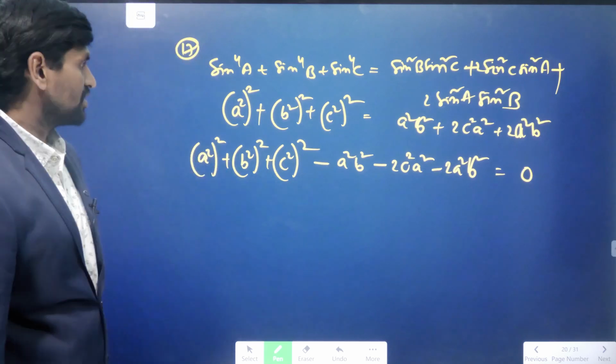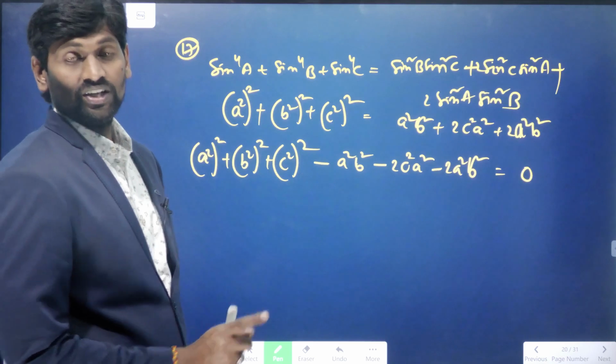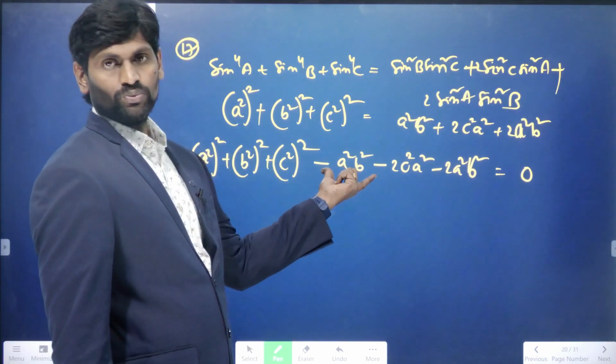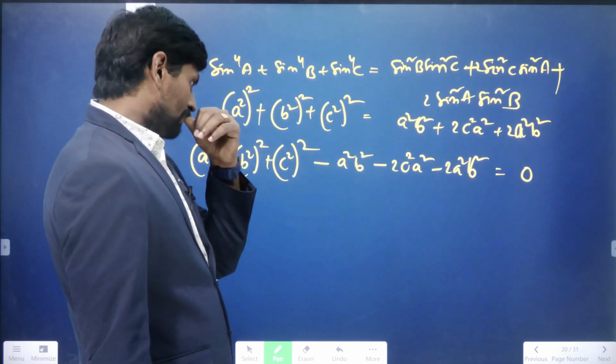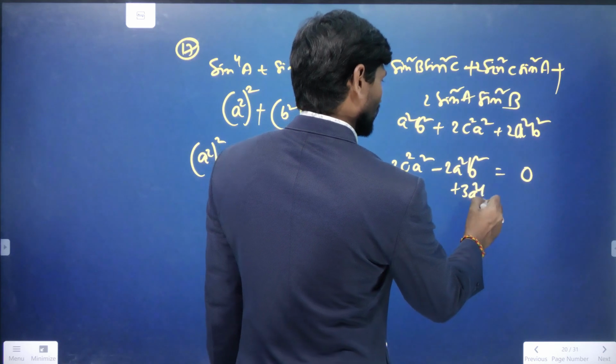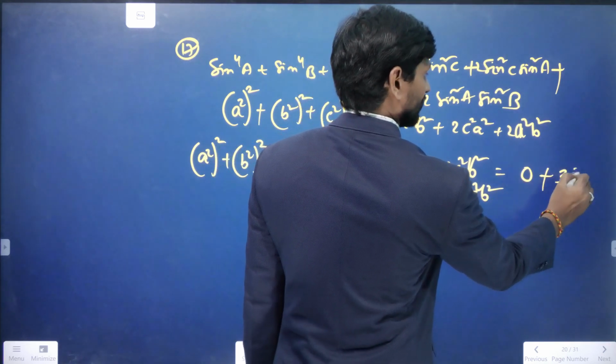But while you are observing this one, it is in the form of the a plus b plus c whole square formula: a square plus b square plus c square, 2ab, 2bc, 2ca. But here 2 is not there for the first one. So I am just adding 3a square b square both sides. Left side plus 3a square b square, right side also 3a square b square. Okay?